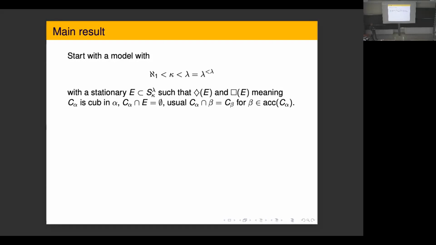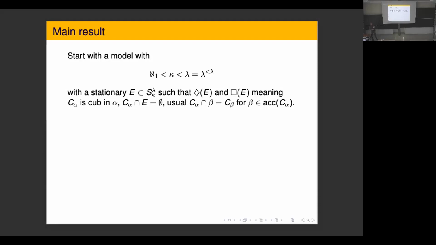We want to do a lot of anticipation, so you'll want diamond to hold on that stationary set, and then you'll see why we want square to hold on that stationary set. And what that means is for every alpha, you want a club in alpha, and the clubs should always avoid that non-reflecting stationary set, and they should cohere as usual in a club sequence.